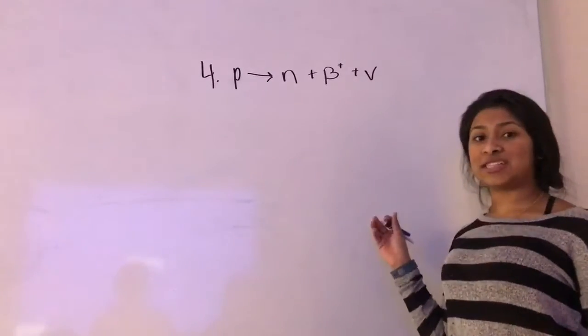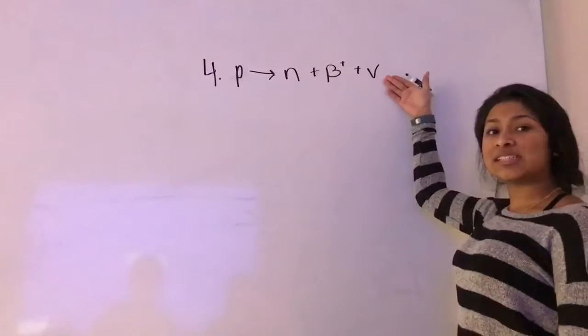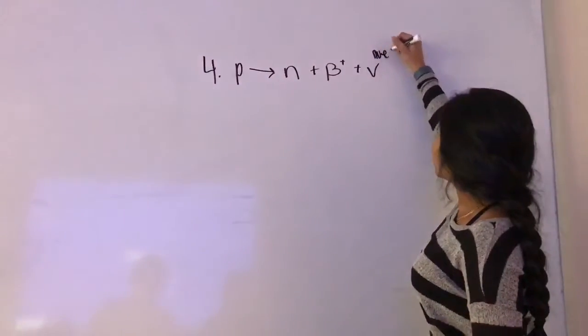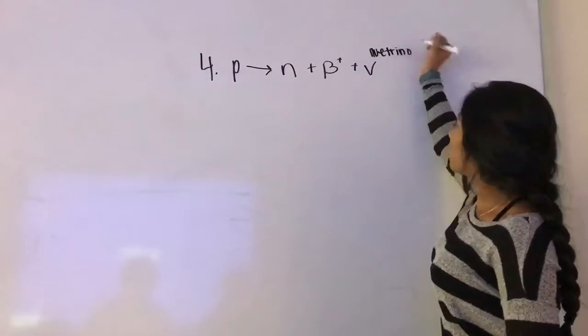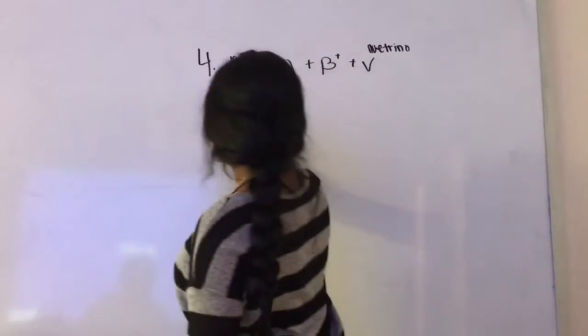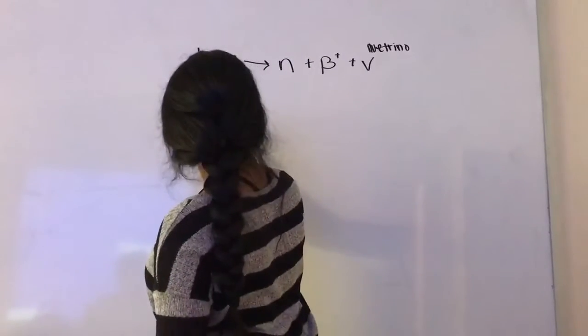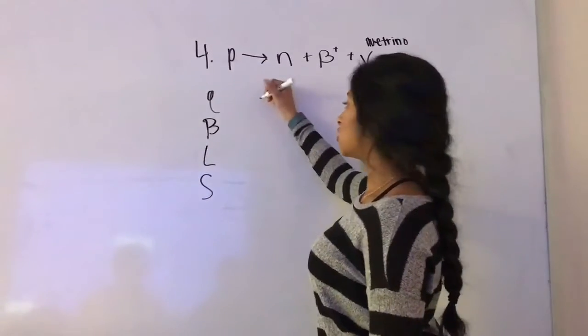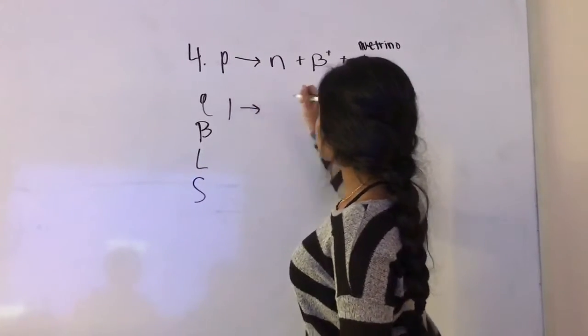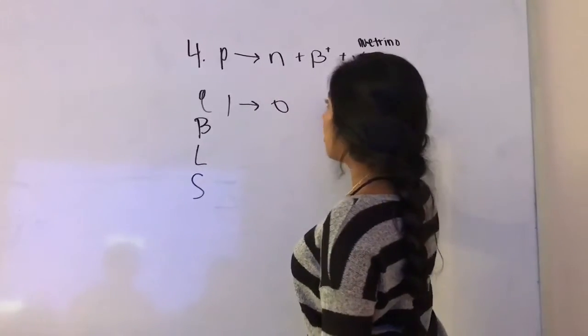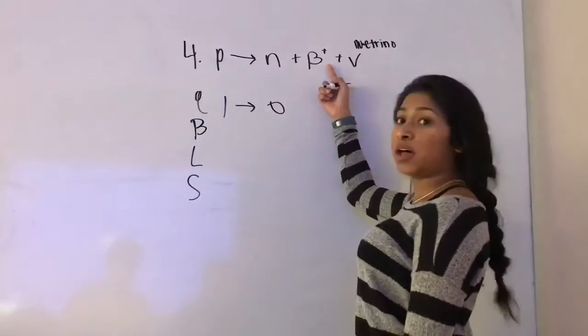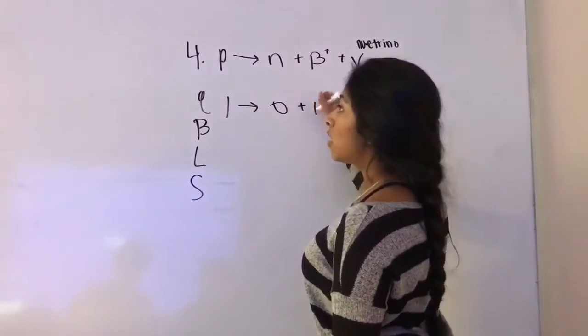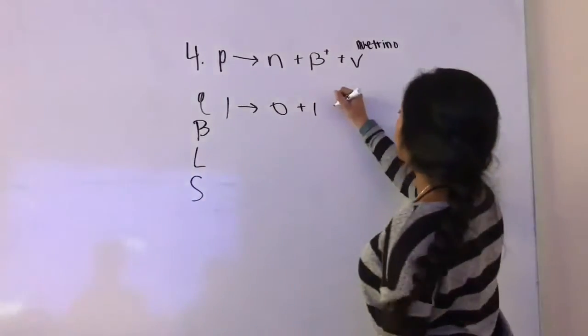Okay, so we're moving on to number 4, and remember this is a neutrino, and it has a charge of 0. So the proton has a charge of 1, and a neutron has a charge of 0. And since this is a plus, there's a charge of 1, and a neutrino has a charge of 0.